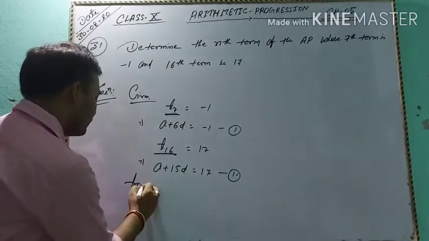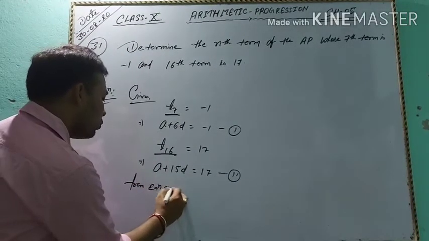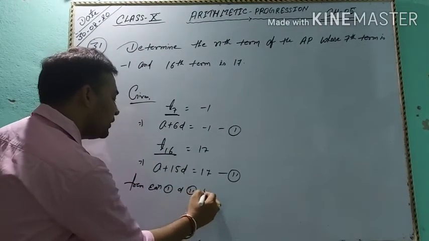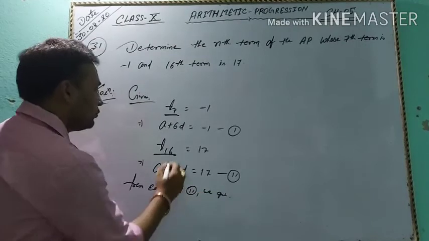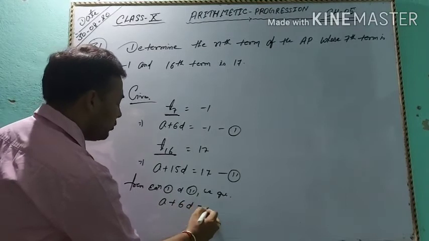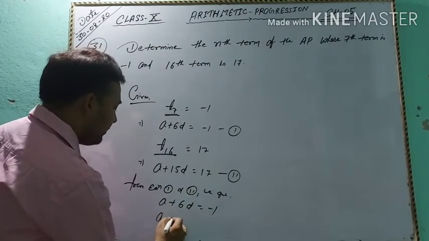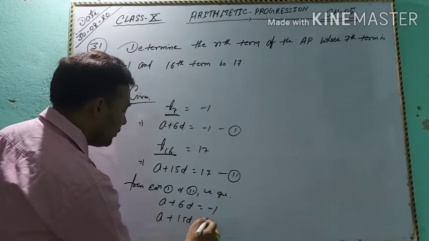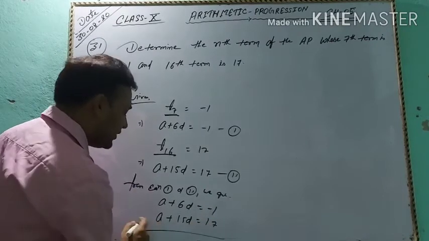From equation 1 and 2 we get, a plus 6d equal to minus 1 and a plus 15d equal to 17.